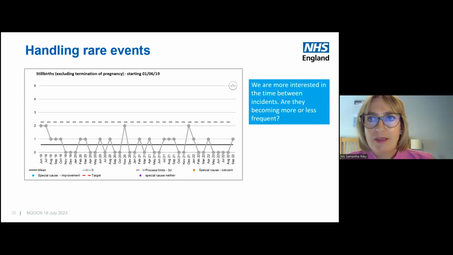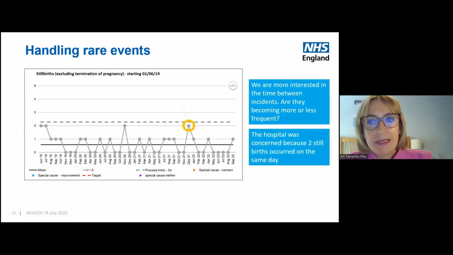This is rare event data. Is it that helpful to plot the data like this? Not particularly. This particular trust was concerned about the fact that they'd had 2 stillbirths on one day. And I suppose the question here is that clearly every stillbirth is awful and it needs to be investigated, but was there something different here that had led to those 2 stillbirths on one day?